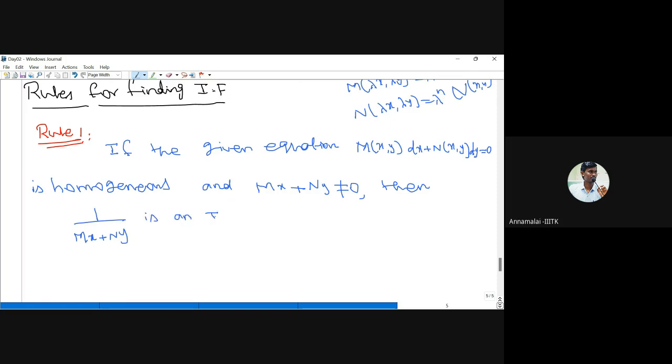Once you find the integrating factor, multiply 1 by (Mx plus Ny) with the given equation. The given equation becomes an exact equation, and then you know the rule to find the solution of an exact equation. This is the first rule.